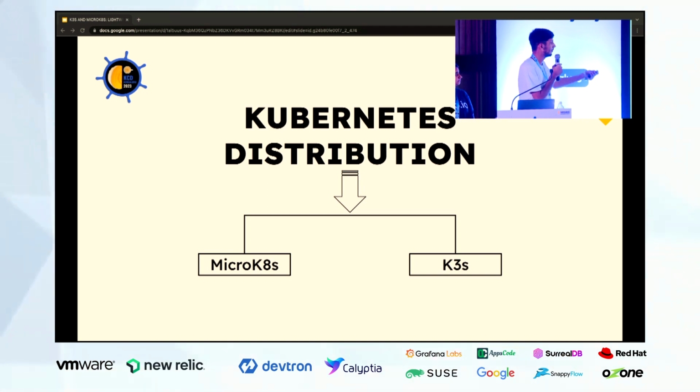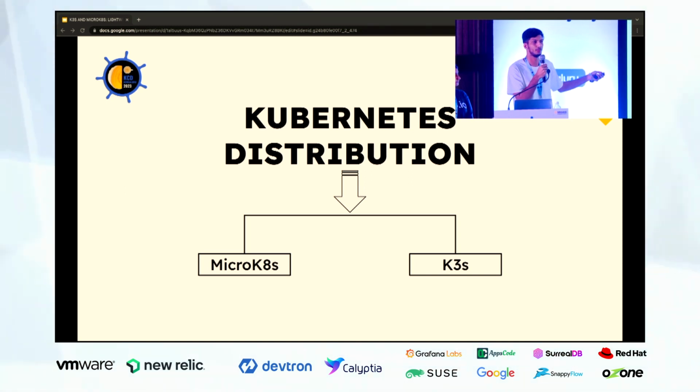So we have MicroK8s and K3s as the Kubernetes distributions to discuss in this session, but there are other distributions as well, for example Microshift by Red Hat, but we are not including that in our slides since they are not directly comparable to MicroK8s and K3s.